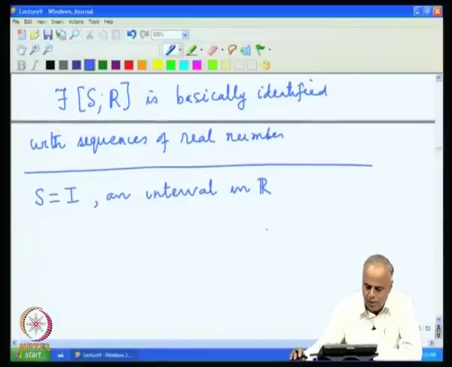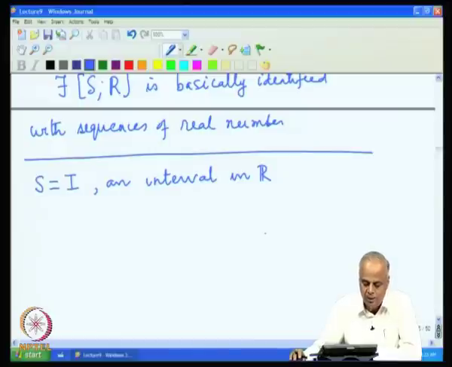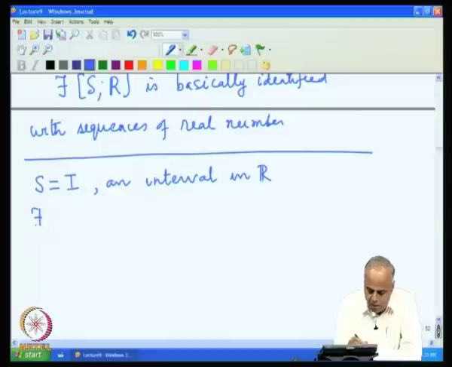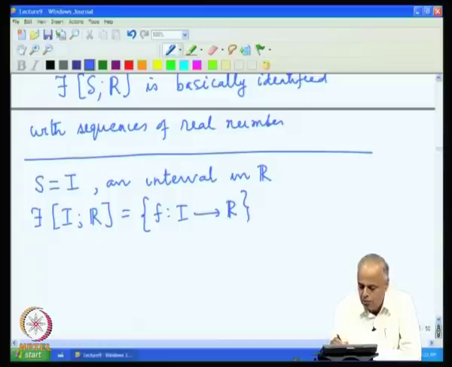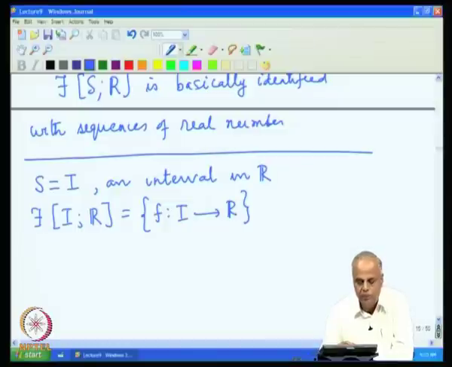So let I be some interval on the real line, and let us take the collection of all functions from I to R. This is the collection of all functions which with each point in the interval I associate a real number. Thus we have the collection of real valued functions on I.